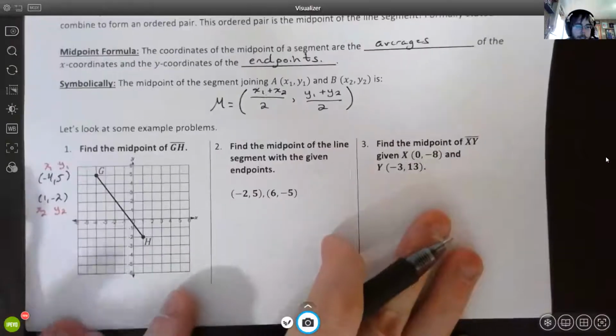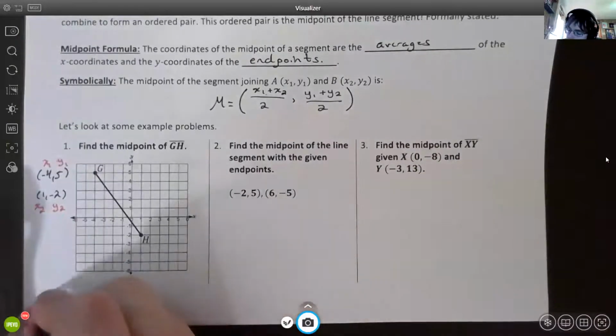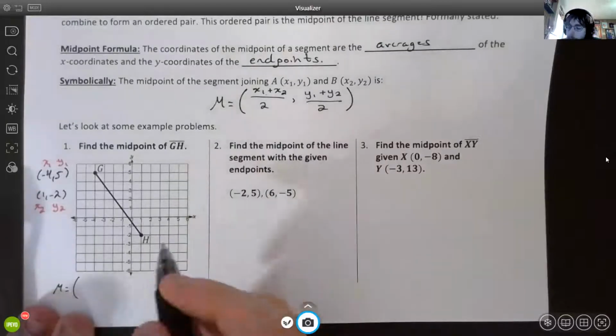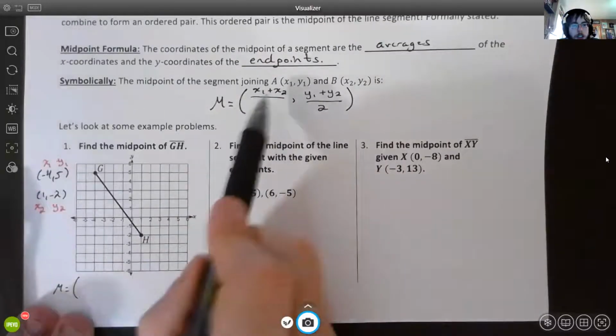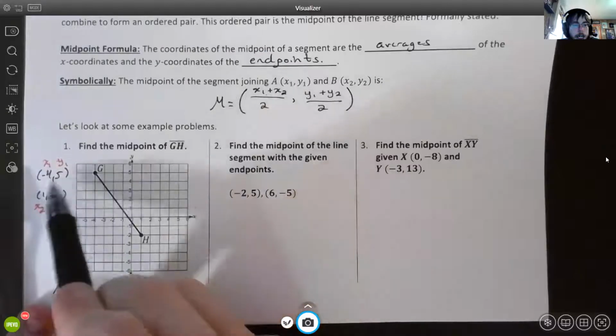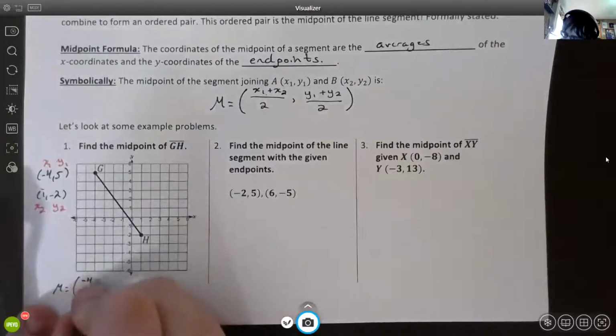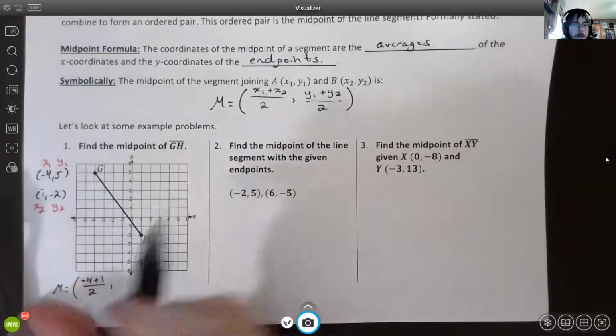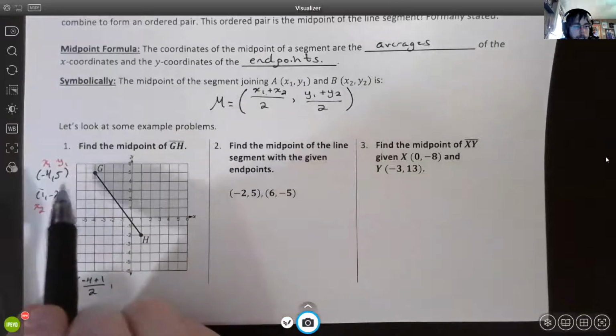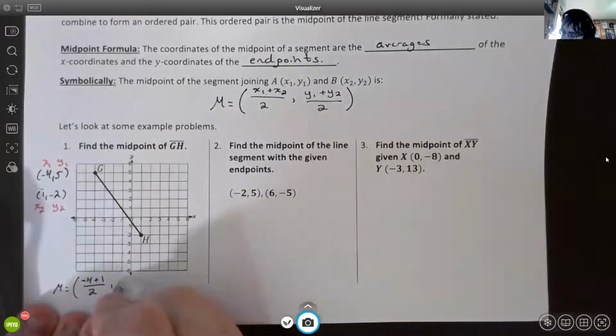So now our midpoint formula, M equals x1 plus x2 over 2. So our x's are -4 and 1. So we're going to take -4 plus 1 and then divide by 2, comma, and then we do our y's the same way. So 5 plus -2 over 2.